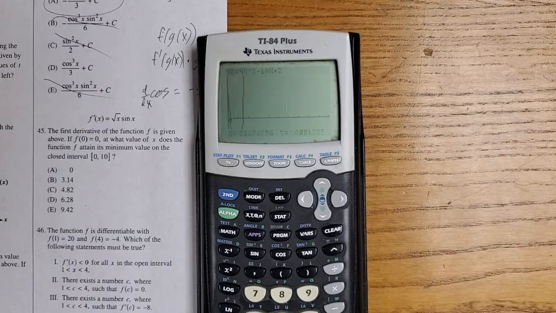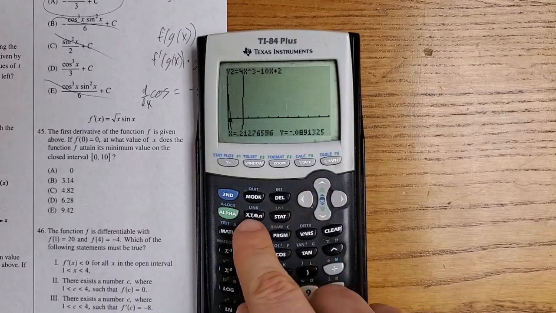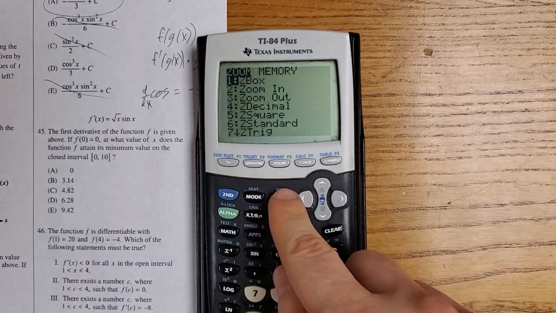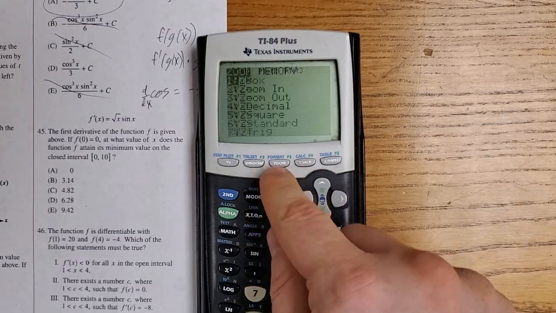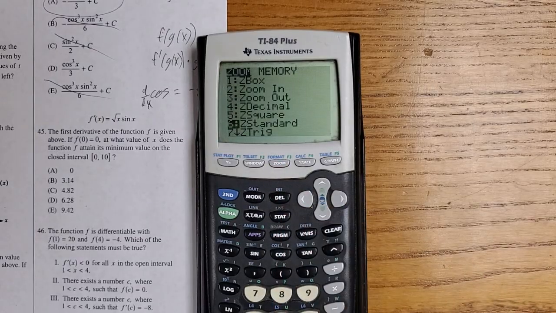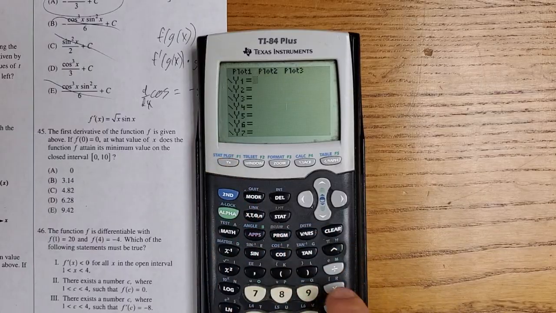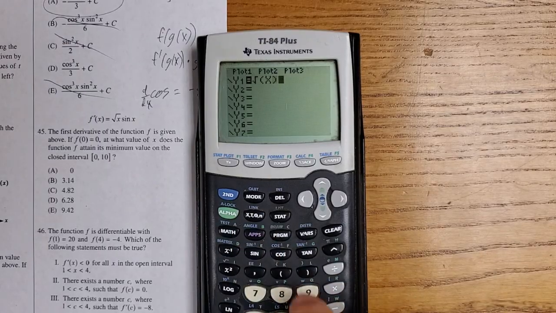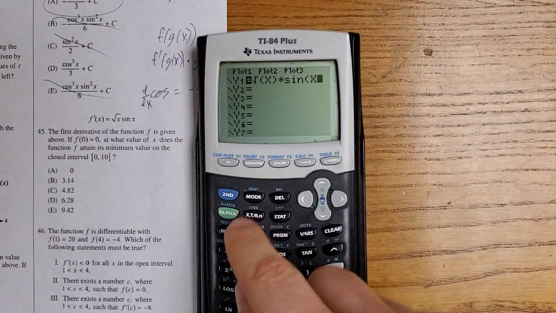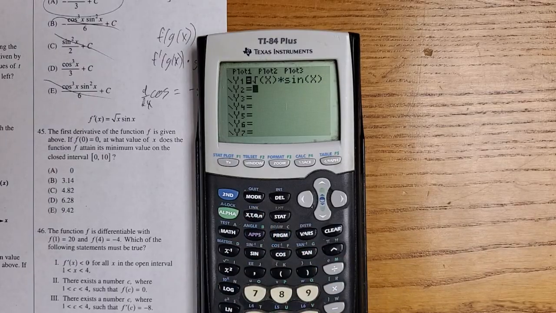Okay, that is a messy one. Let's see, we're going to go back to y, get rid of those we had before. Let's go back to the standard zoom, and we're going to say the square root of x, in parentheses, times the sine of x.